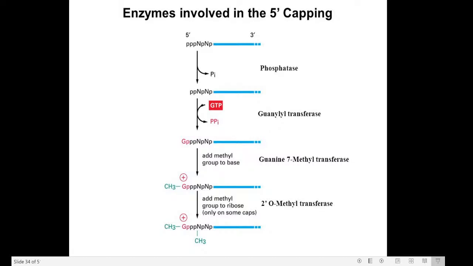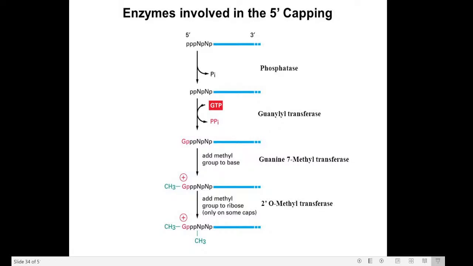So methyl is added with the methyl transferase, then the 2'-O methyl transferase is added. It forms the bonding with the first P. This is a very important thing. First you add guanine-7 methyl transferase. Second, again for the methyl on the base and ribose, you add the 2'-O methyl transferase.